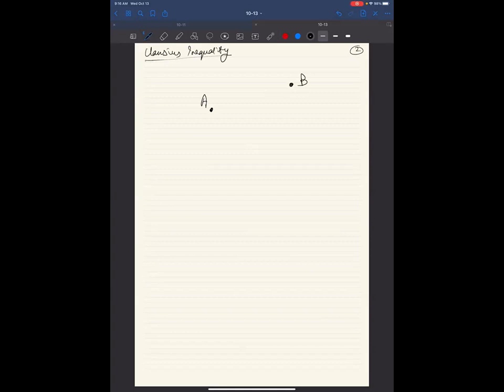I'm not going to draw coordinates. You have a system in state A, and you are changing it to state B, and let's say you're doing it through 2 different paths. One of them is a reversible path, which I will call R, and the other one is an irreversible path, which I will call I.